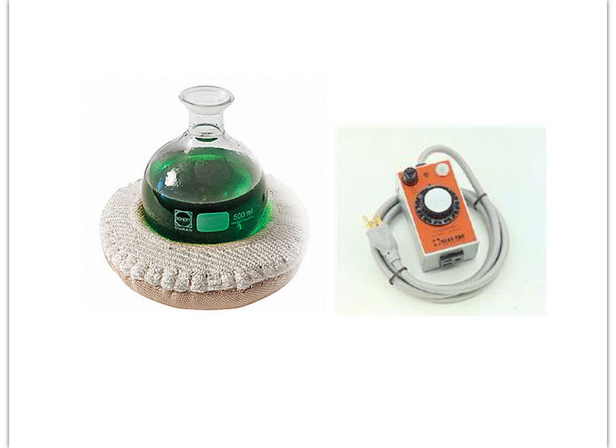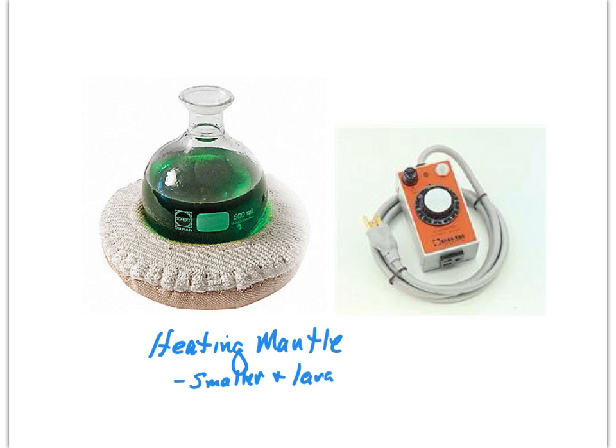Now, when we're doing a distillation, we don't use a hot plate or a flame. We use something called a heating mantle. They are designed to fit a round bottom flask. We have smaller ones and larger ones.